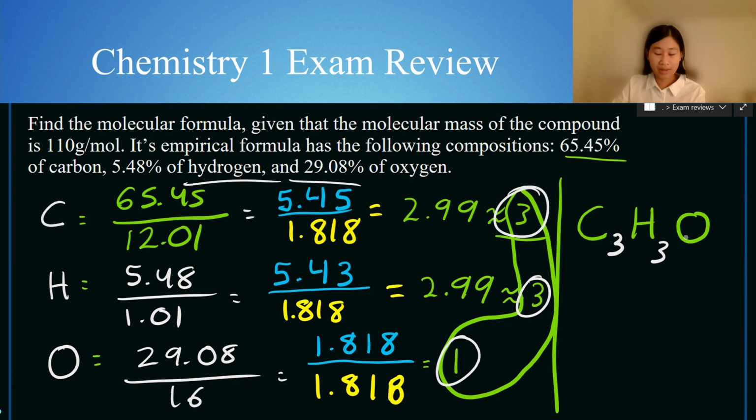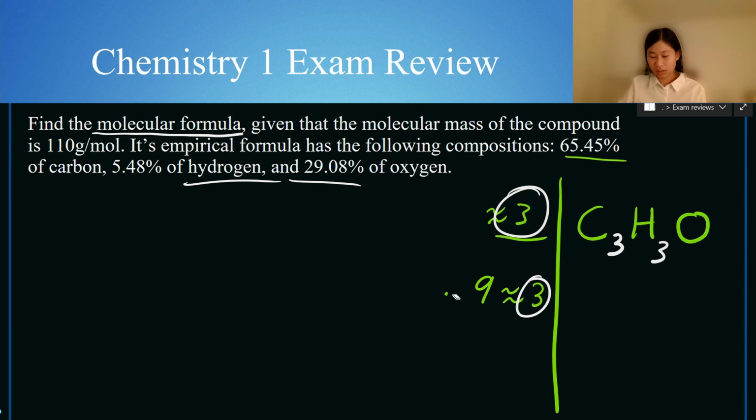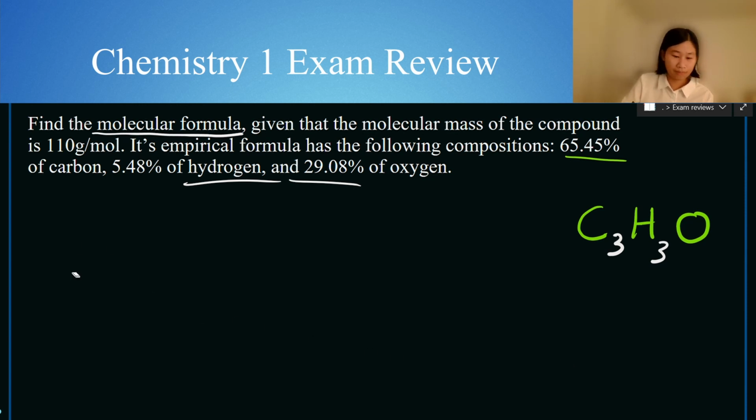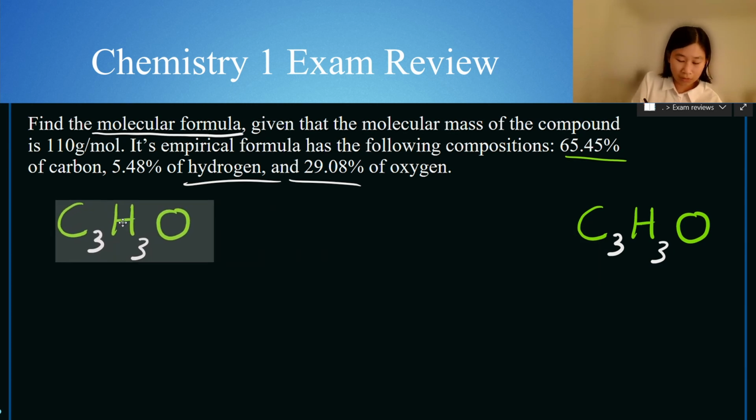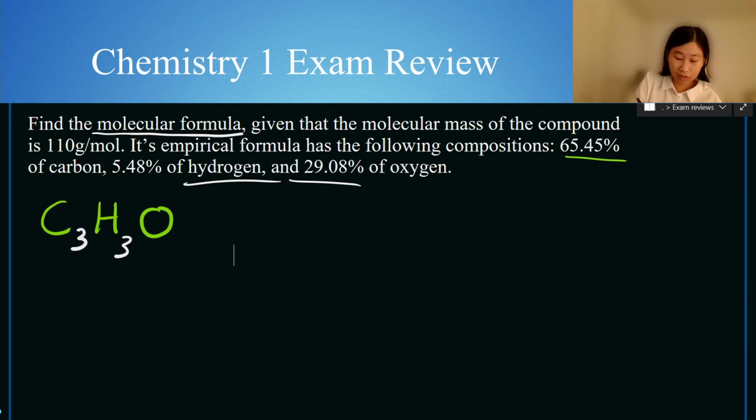Now we have another task, and that is to find the molecular formula given the molecular mass. The difference between molecular and empirical formula is that the empirical formula is the simplest formula. The subscripts are small and simplified, while the molecular formula has larger ratios, not simplified, essentially multiplied by some common number. So our question is, what is this molecular formula?